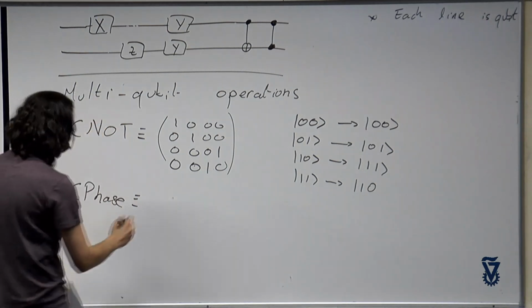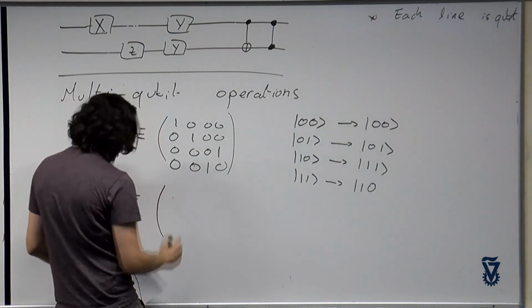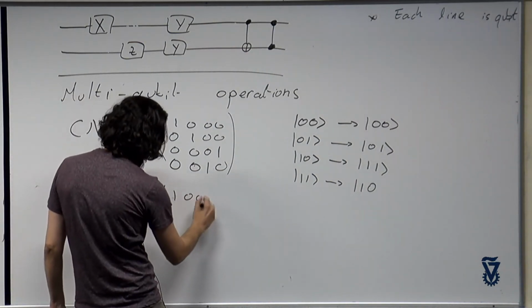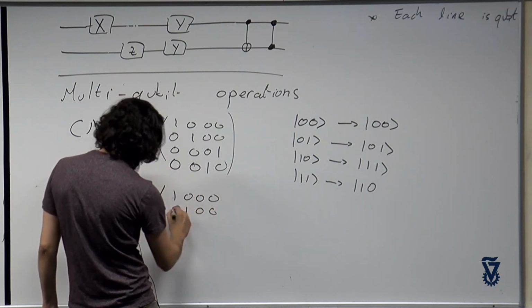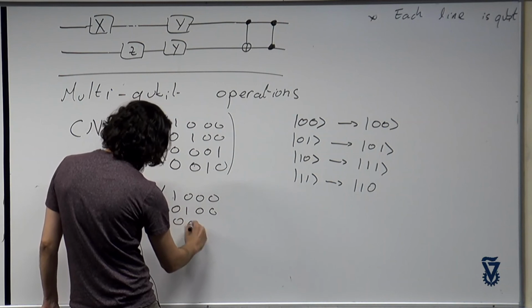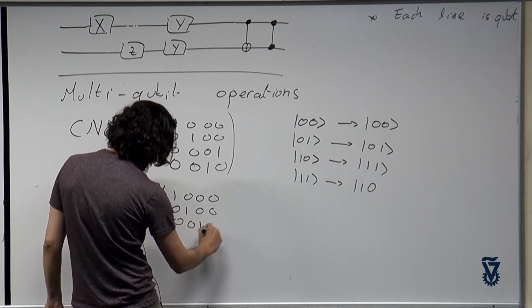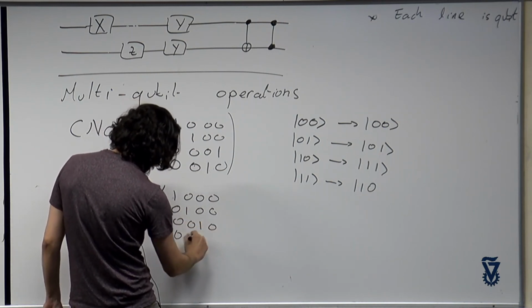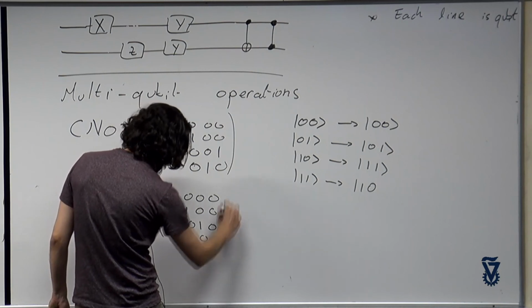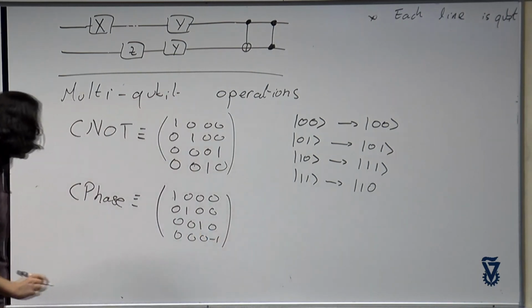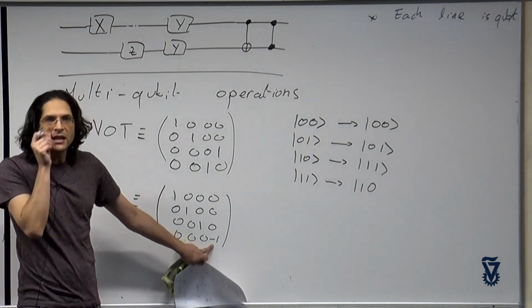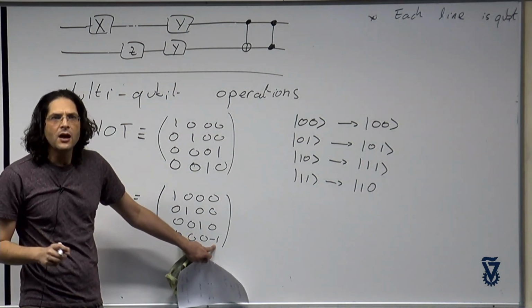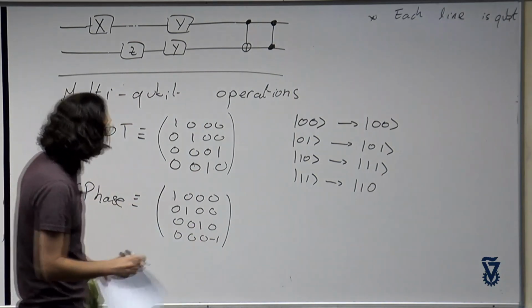Now a C phase is just 1,0,0,0; 0,1,0,0; and so on, with a minus 1 in the last entry. So what a C phase does is it flips the phase of the 1,1.